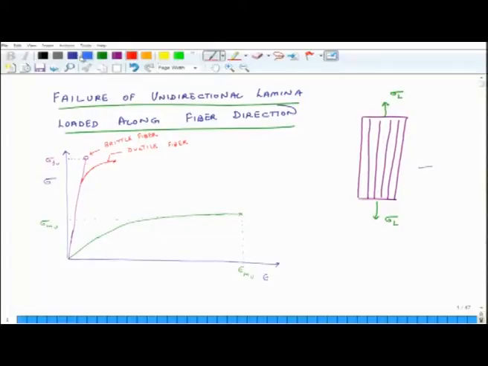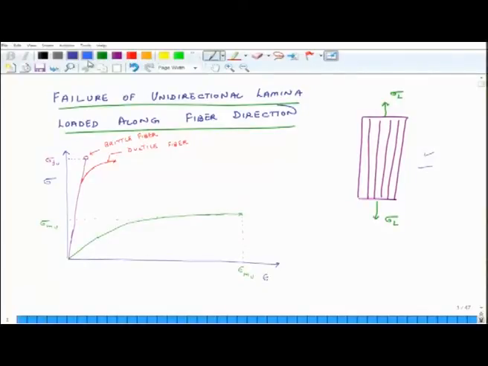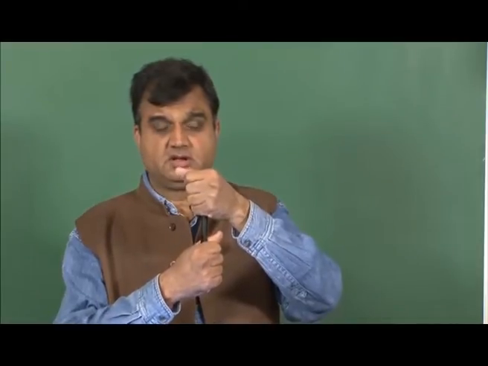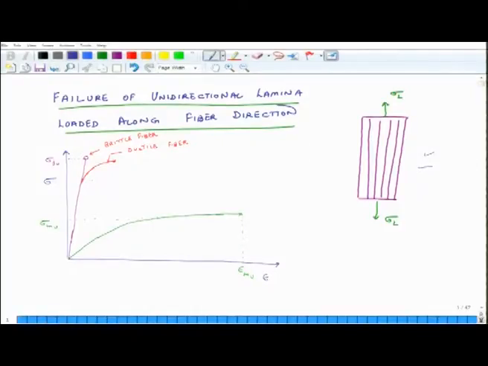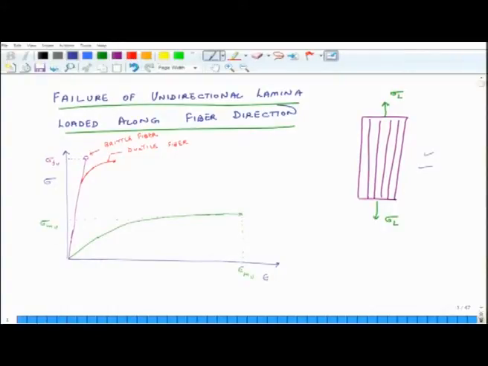Now, in case of a composite, how would this kind of a composite fail? It will depend on several things, but first we will draw a graph for it and then we will develop some mathematics around it. So, if there is a composite material which has fibers all in the same direction, and if I keep on pulling it, typically what will happen? The composite is going to become longer, right, and we note that typically the failure strain of fibers is lower.